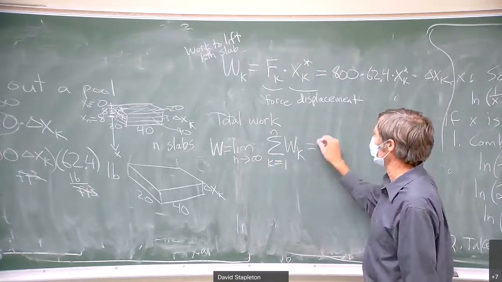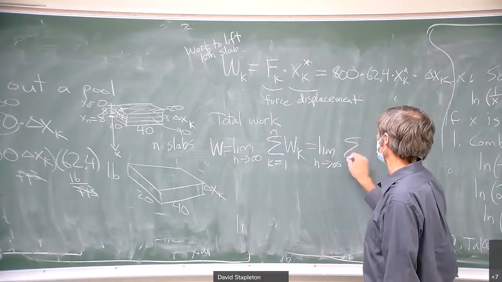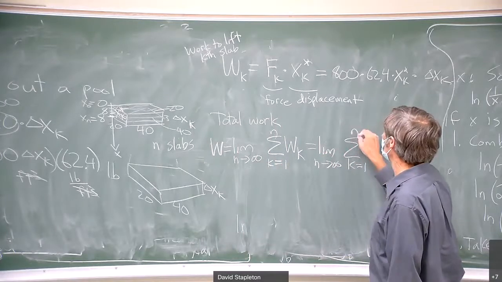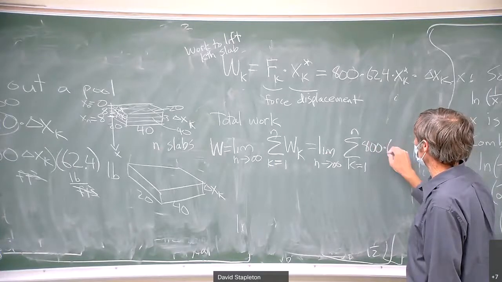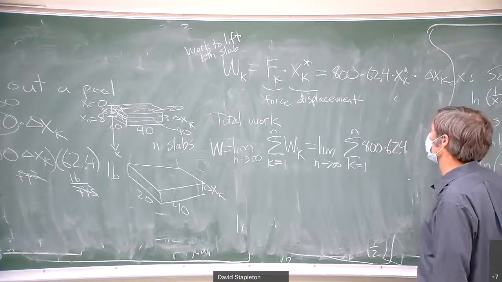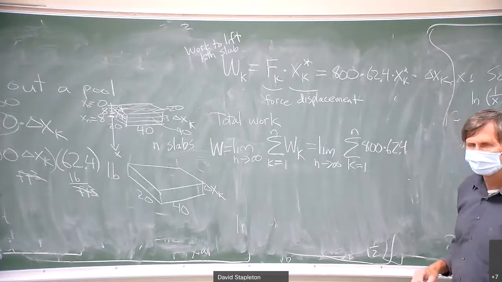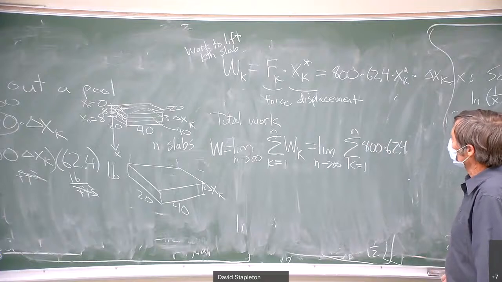And what we get then is the limit as n goes to infinity of the sum, k equals 1 to n, of 800 times 62.4. Some books put 62.5 for a rounded number, because water density depends on what you do to it sometimes.